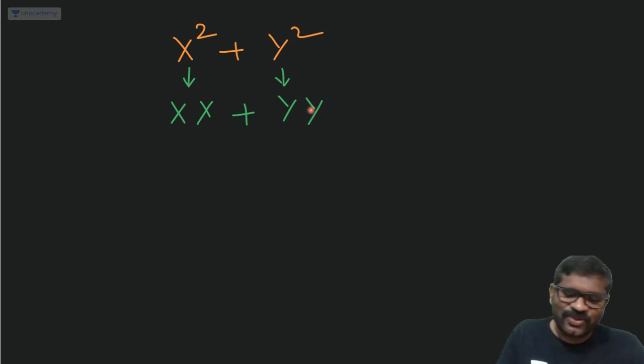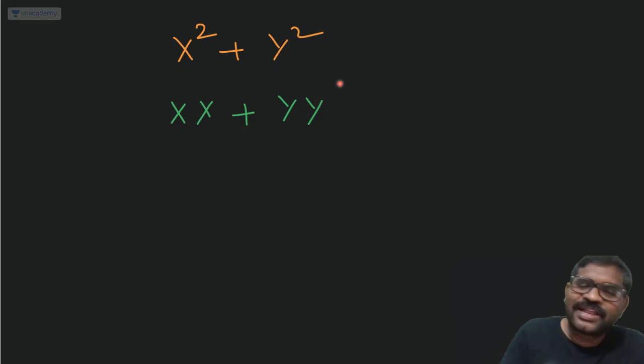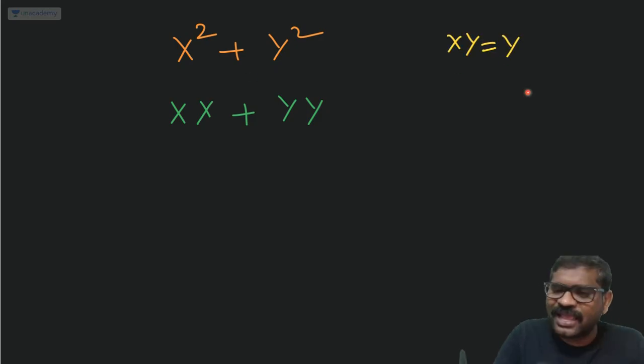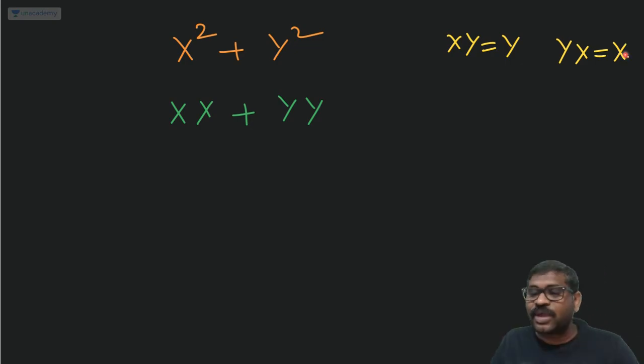Now, what we have to do, whatever hints they have provided in the data, what is the hint? XY equal to Y and YX equal to X. Sir, how YX equal to X? They have given, I have written. Okay, we have to use those two results to solve this problem.